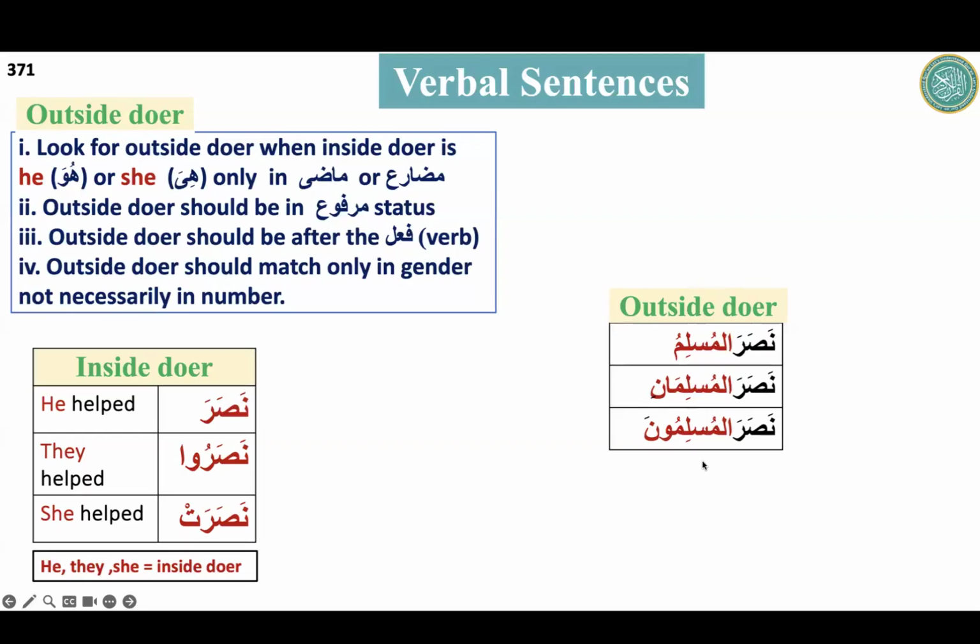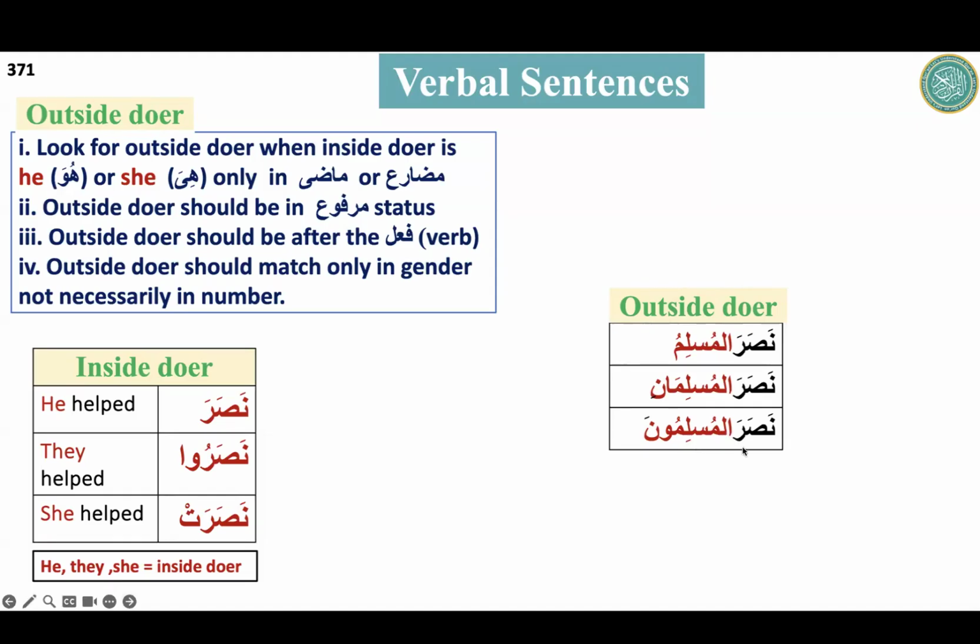Okay. Brother Hamad, can you please explain this one? So, Nasar al-Muslimuna. Again, the same thing: we need to find the inside doer of the verb used, which is Nasara. Nasara means he helped, and the inside doer is he. Now we look for an outside doer. It is in plural form, al-Muslimuna, which is in the Rafa status and a sound plural.